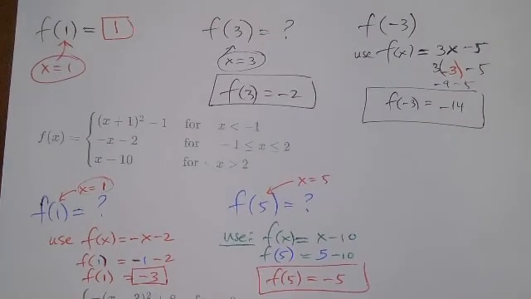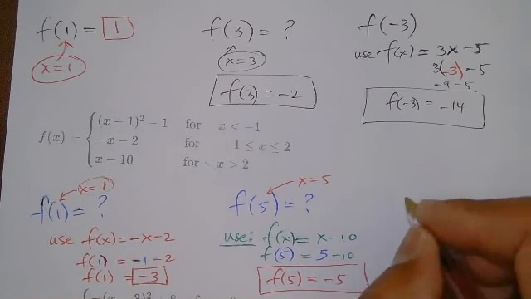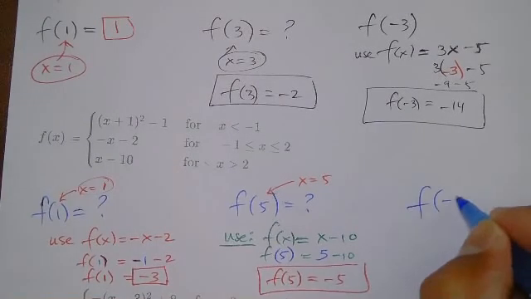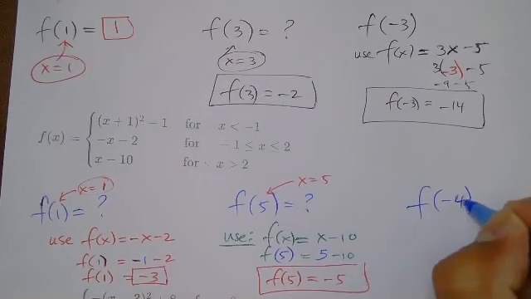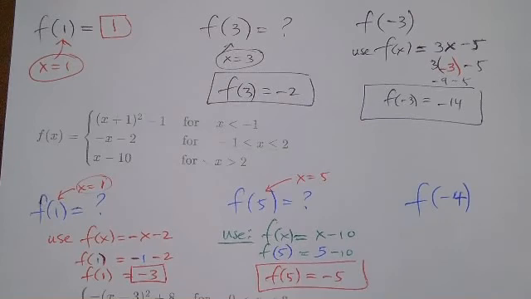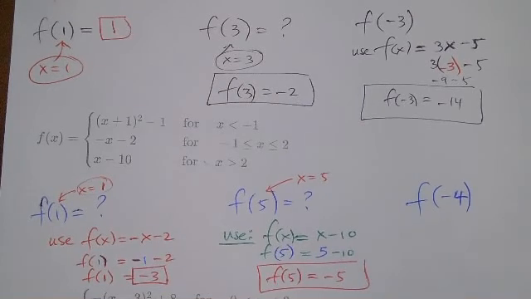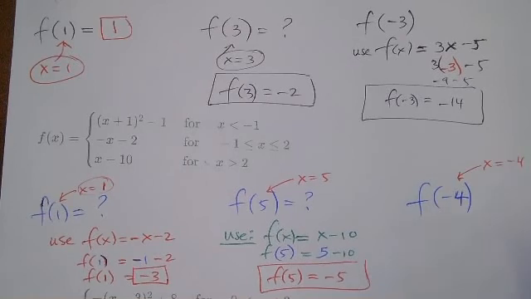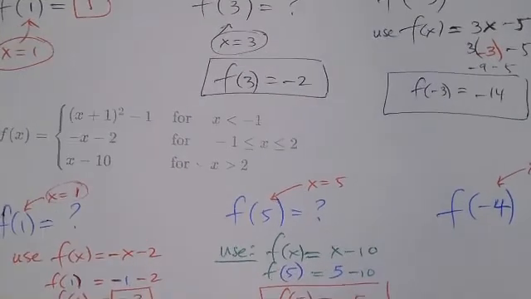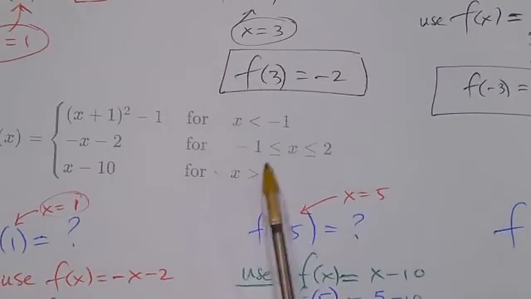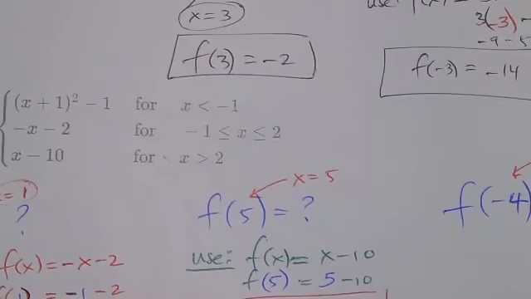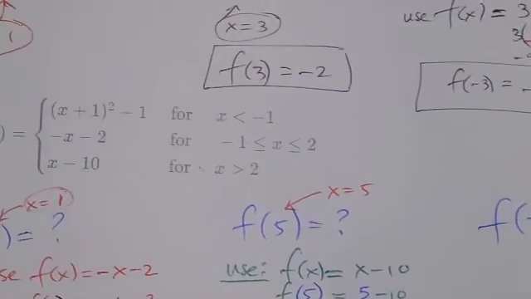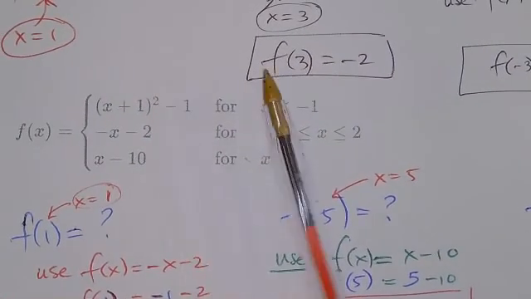Okay, what would you get for f of -4? Go ahead and do that one on your own. Let's see what you get. F of -4, that means x is -4. Which inequality here is x equals -4?